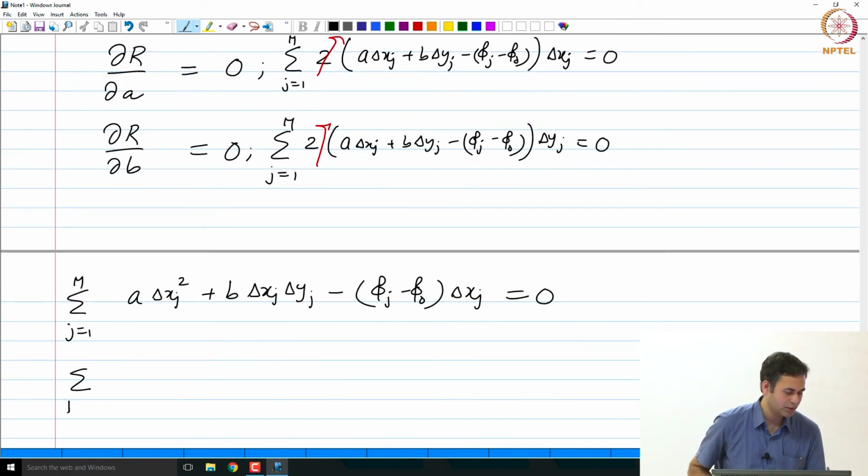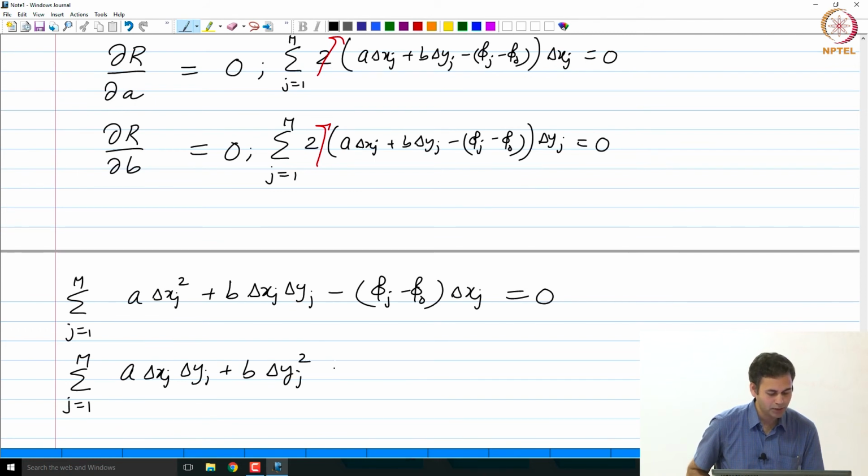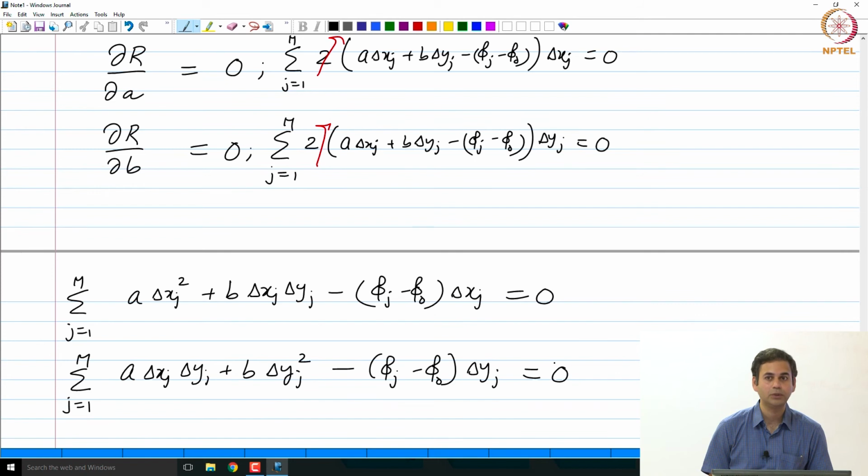The other equation is sigma j equals 1 to m, a times delta x j delta y j plus b times delta y j square minus phi j minus phi 0 times delta y j, equals 0. That is what we have. We have 2 equations and 2 unknowns.